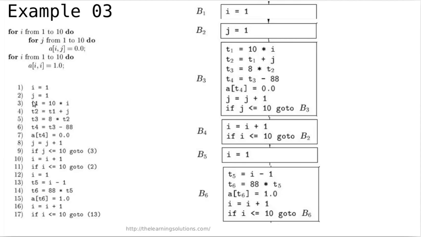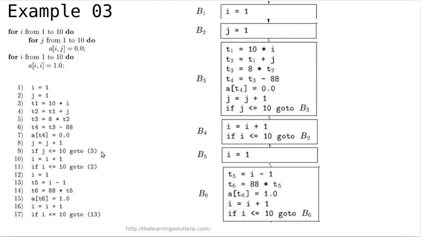That is why from the third statement onwards we have the new block. So the first block contains only one statement, the second block contains again only one statement, and the third block contains statements 3, 4, 5, 6, 7, 8 and 9.